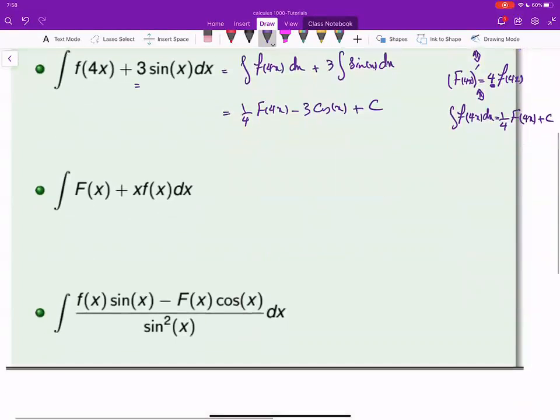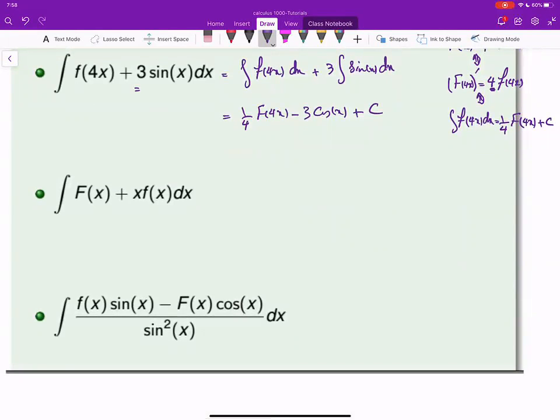These last two examples are a little bit trickier. What we need to see here, note, is that here I have f of x plus, and I know that lowercase f is the derivative of capital F. And I need to see that this lowercase f, I can write it as 1 times f.